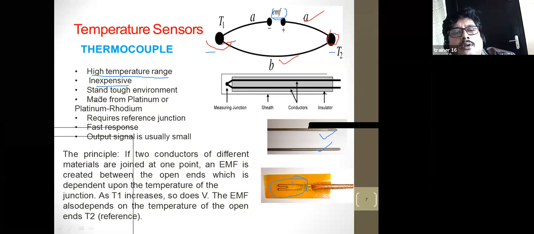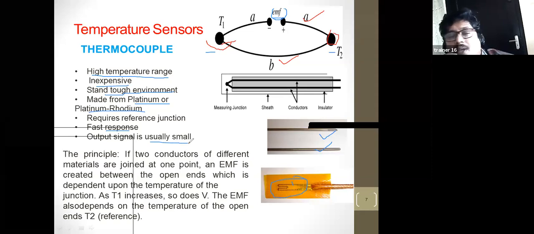And it can be used in a tough environment, and it is made of platinum or rhodium, and it has a very fast response. Output signal is usually small.